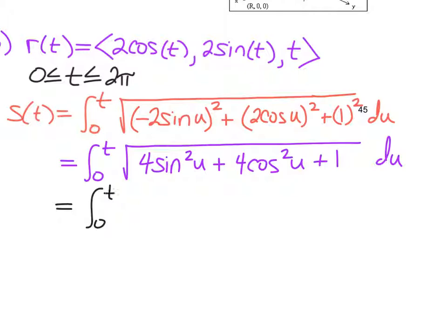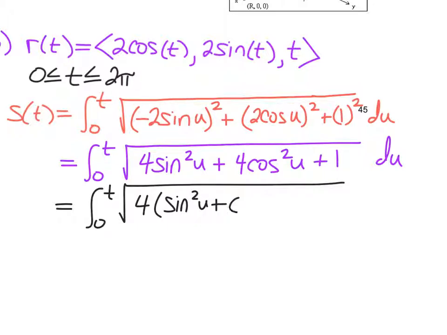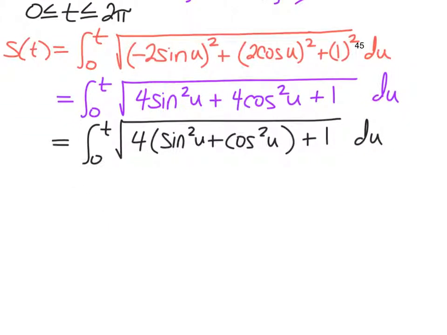So 0 to t, 4 times sine squared u plus cosine squared u, that's the nice part, plus a separate 1, du. And we know that sine squared plus cosine squared is equal to 1. So the 1 times 4 is 4 plus 1 is going to be 5.